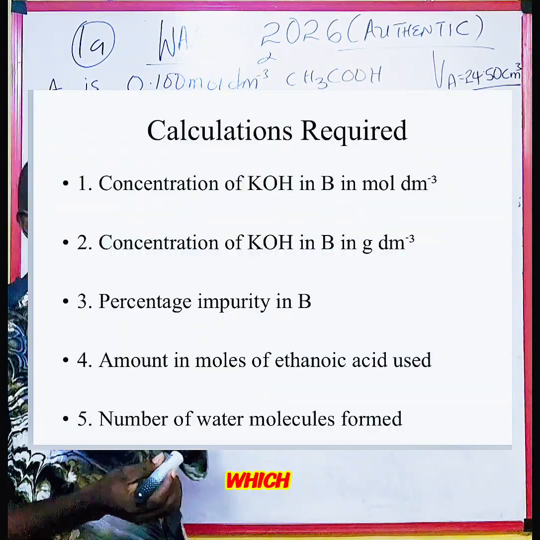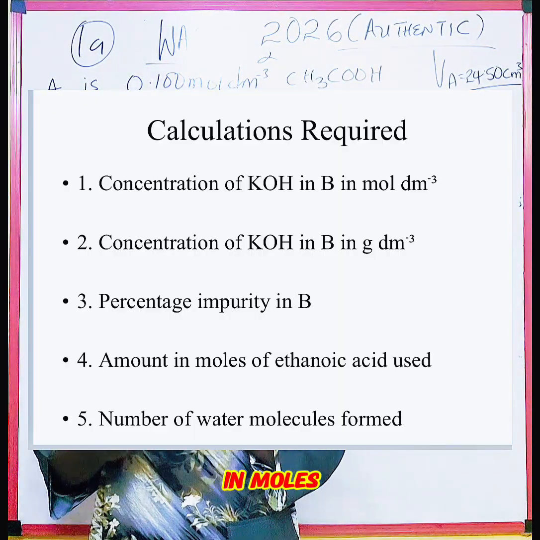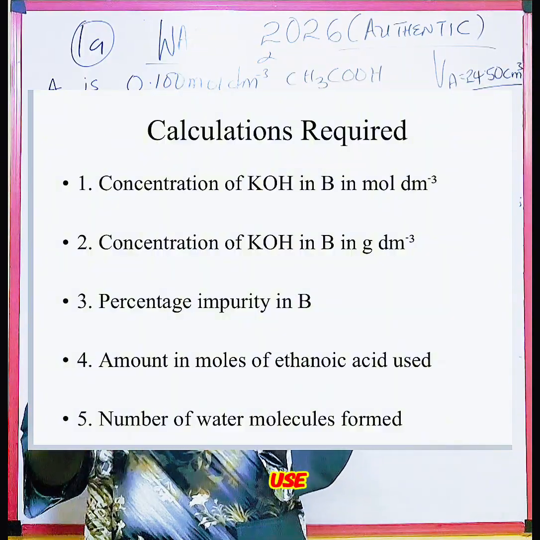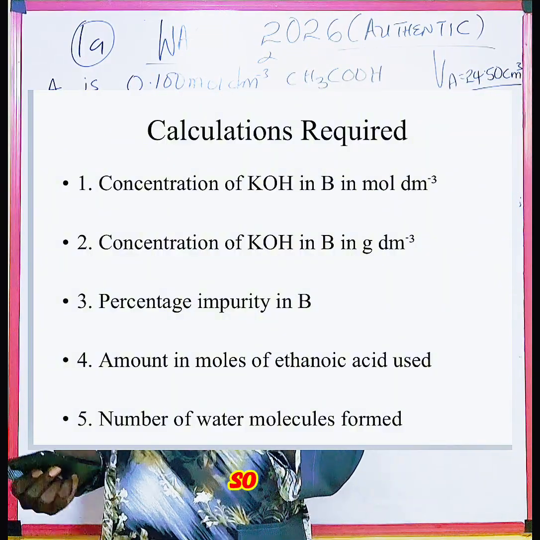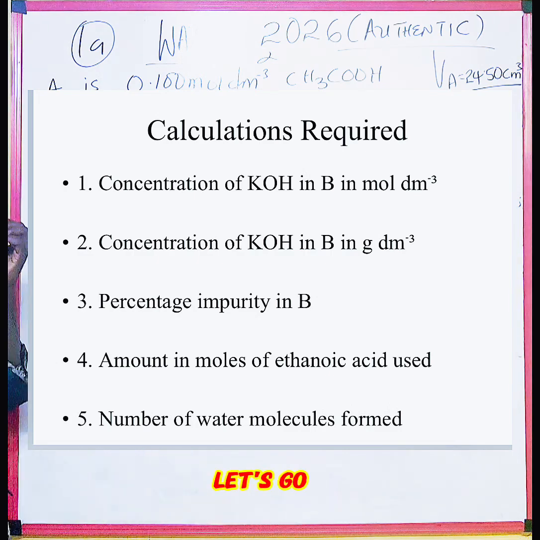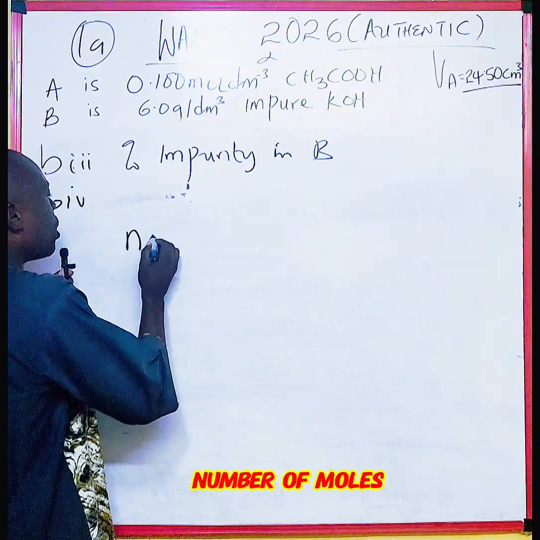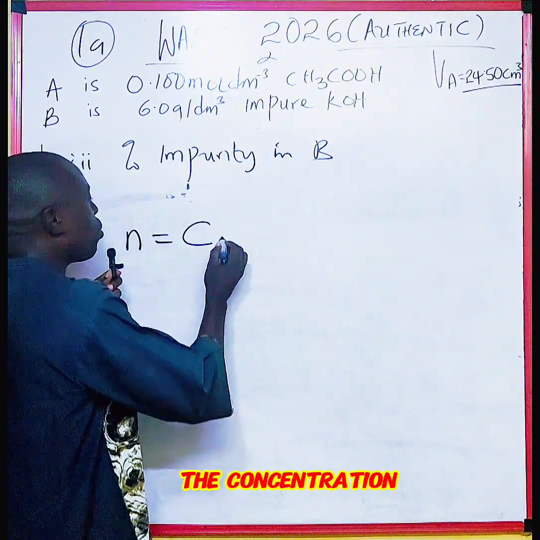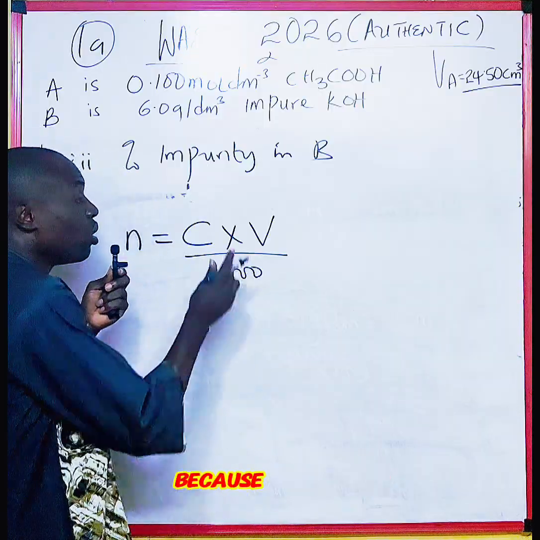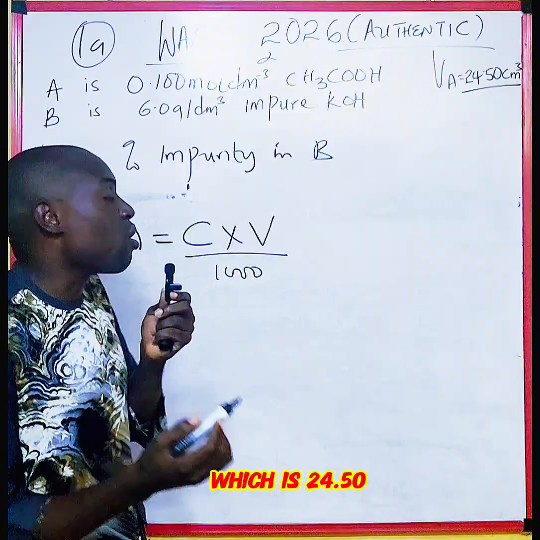The next question says calculate the amount in moles of ethanoic acid in the average volume of A used. Very simple. Remember that the number of moles is equal to the concentration multiplied by the volume over 1000, because the volume we were given was already in cm cube, which is 24.50 cm cube.